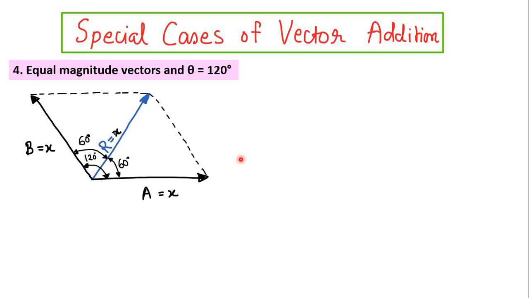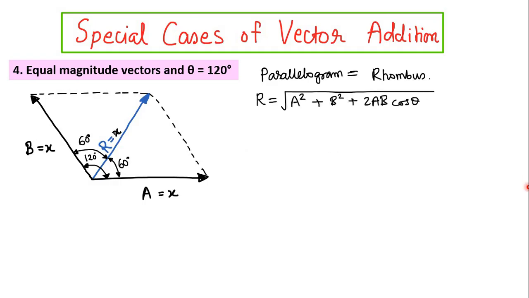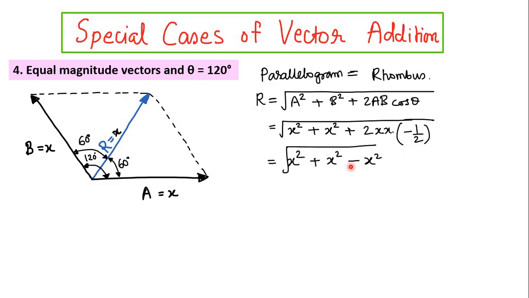Let us prove it. So first of all, this parallelogram is a rhombus. Now the standard formula is resultant r is equal to root of a square plus b square plus 2ab cos theta. Substituting the values, a and b both are the same, x square plus x square plus 2 into x into x into cos of 120 degrees, which is minus 1 by 2. 2 cancels and we get x square plus x square minus x square, these two cancel and only x square is remaining in the square root, and so the final answer is equal to x.